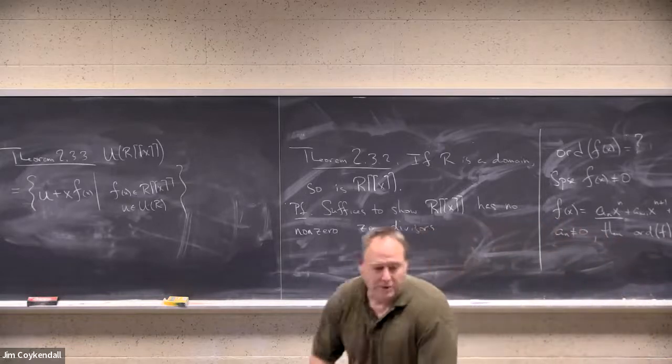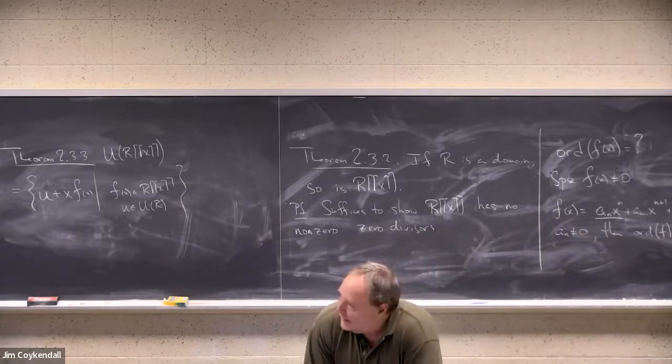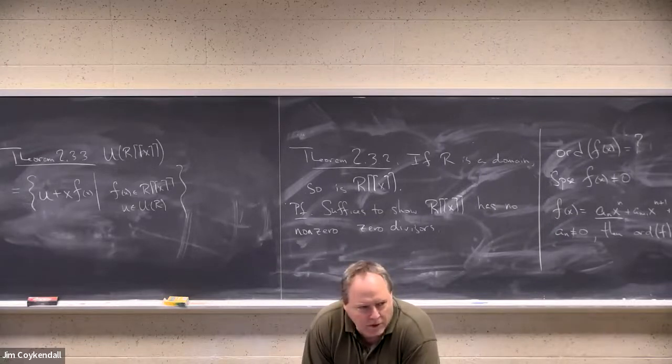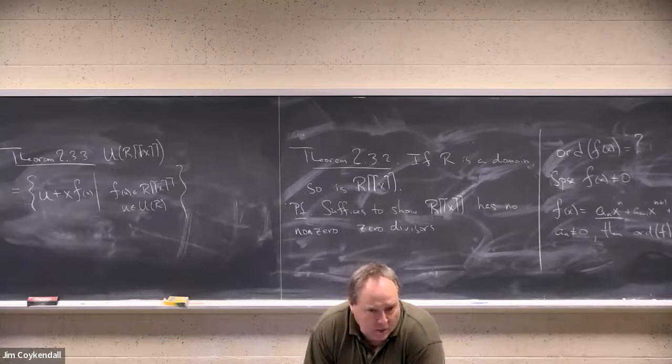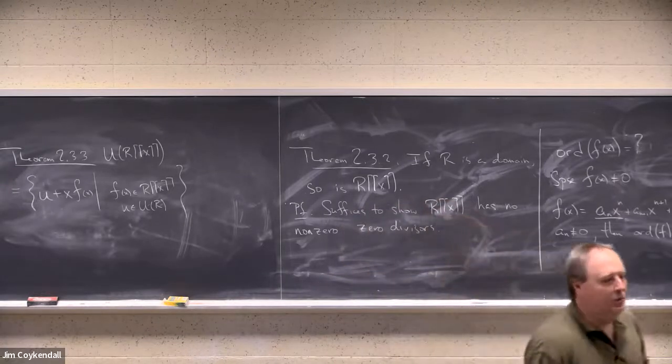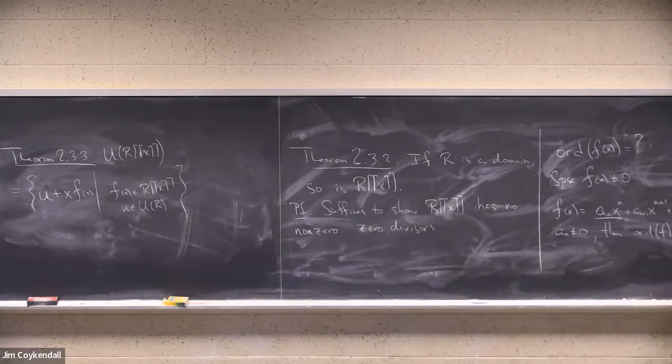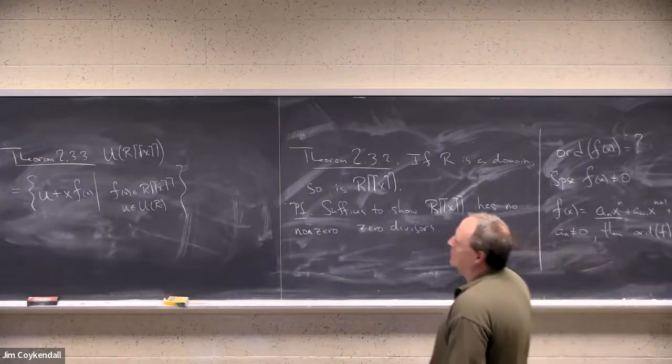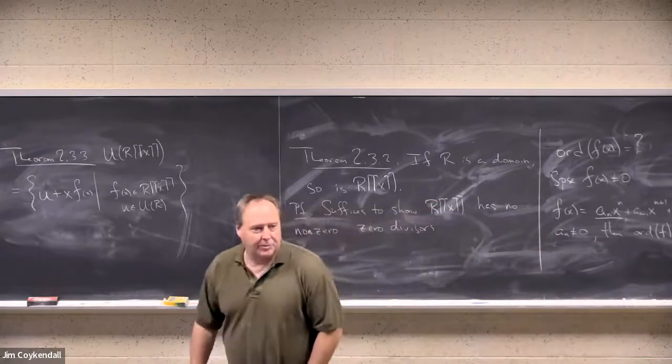So in particular, here's the corollary. If you have a commutative ring with 1, you could have a polynomial ring that only has one unit, because if R only has one unit, for example F2, something like that. Or you can have a polynomial ring that has a small number of units.